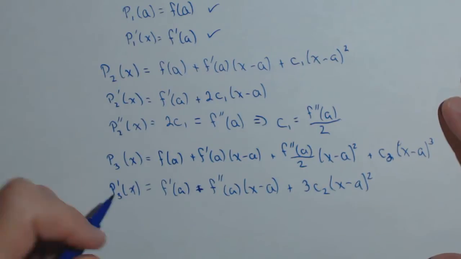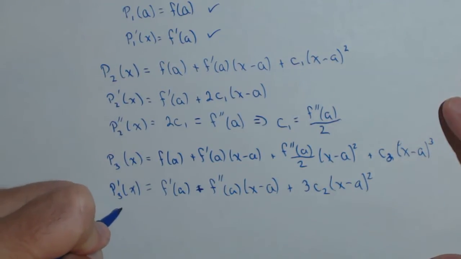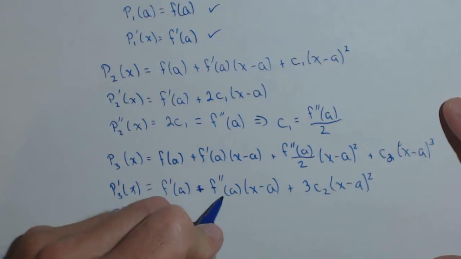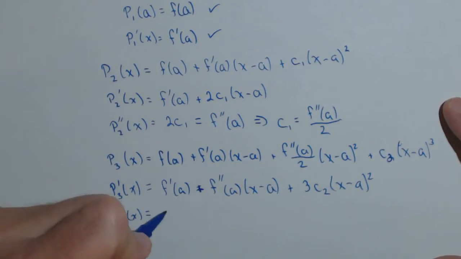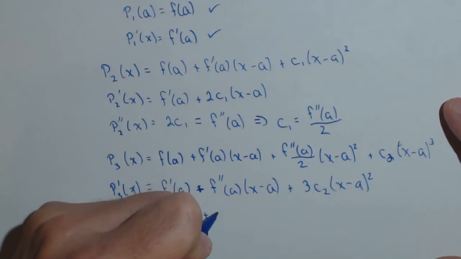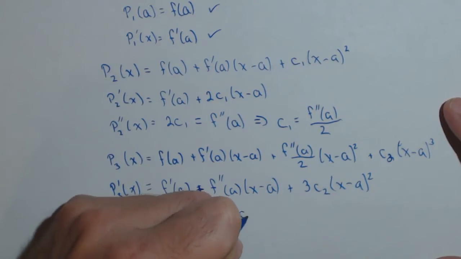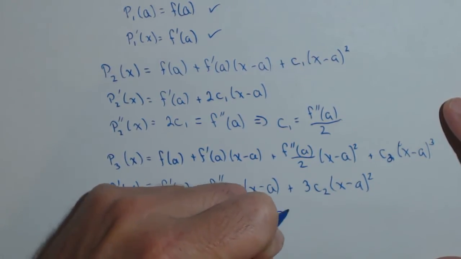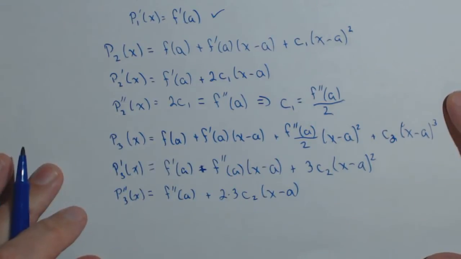Okay, now again we're trying to match up the third derivative, so I'm going to have to do a couple more. The second derivative, now this part goes away. This just becomes f double prime of a plus, and I'm not going to multiply these together just yet, I'm just going to write it as 2 times 3 c2 times x minus a, now to the first power.